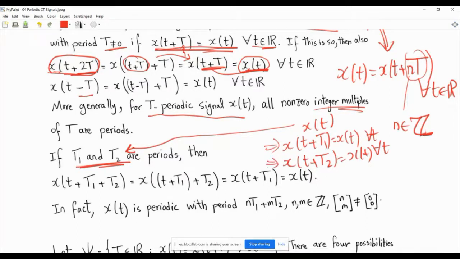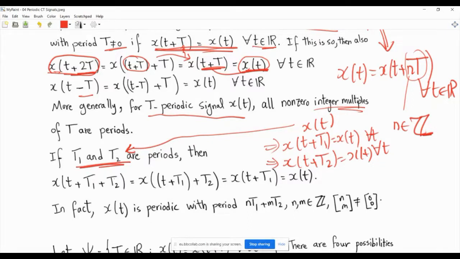Our second statement tells you that T2 is a period, right? Then actually any integer combination of T1 and T2, so long as it's non-zero, is also a valid period.